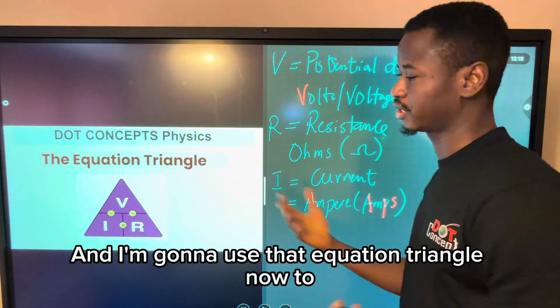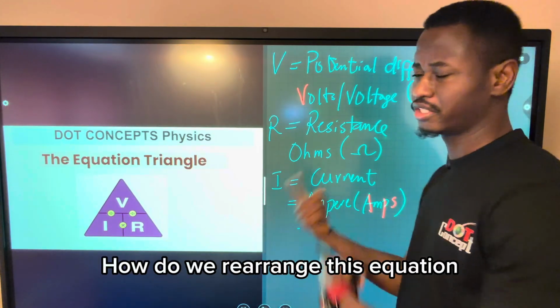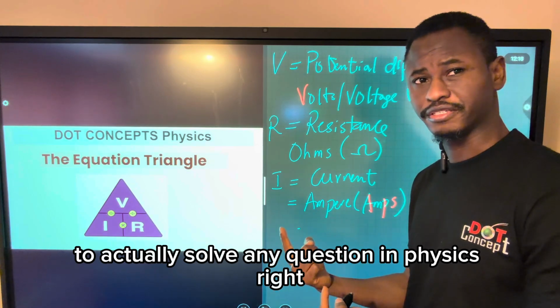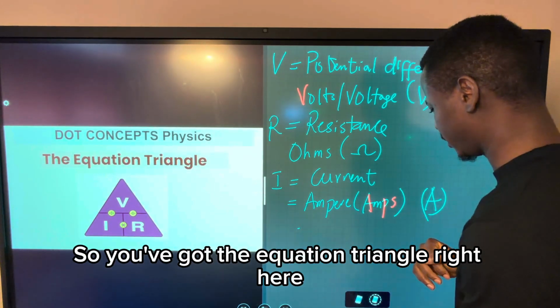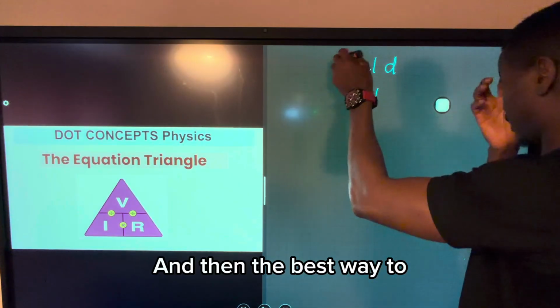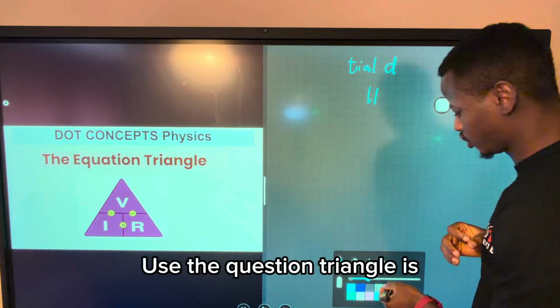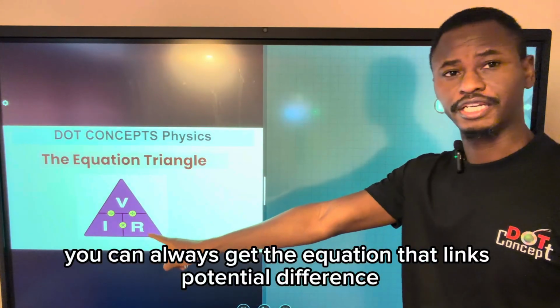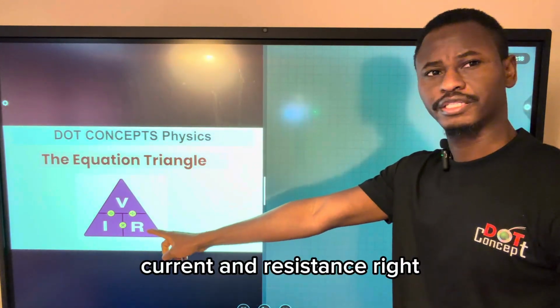And we're going to use that equation triangle now. How do we rearrange this equation to solve any question in physics? You've got the equation triangle right here, and I'm going to redraw it quickly. The best way to use it is from your equation sheet. You can always get the equation that links potential difference, current, and resistance.